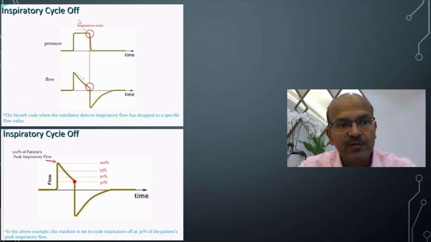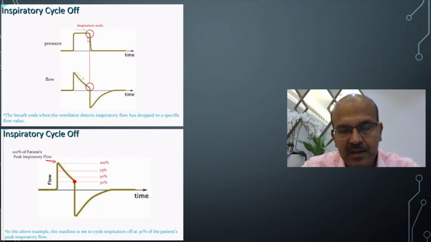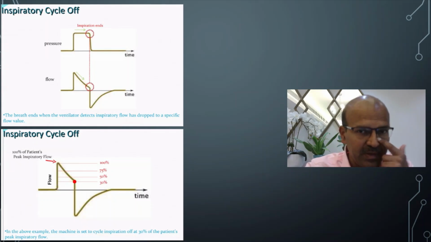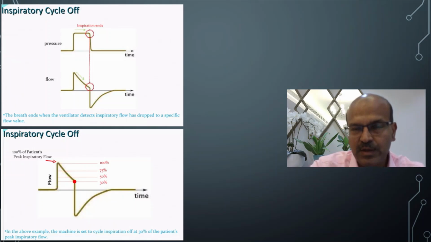And cycling off of the inspiratory flow, suppose you are using a PSV mode of ventilation or SIMV with PSV, during the PSV breaths, the expiration starts. So remember that the I time is controlled by the baby in the PSV modes. So the ventilator cuts off the inspiration at a certain cutoff, and that is what the inspiratory cycle off point is. So you have the 100% of the flow when it drops to 75, 50, 30, 15 and so on.